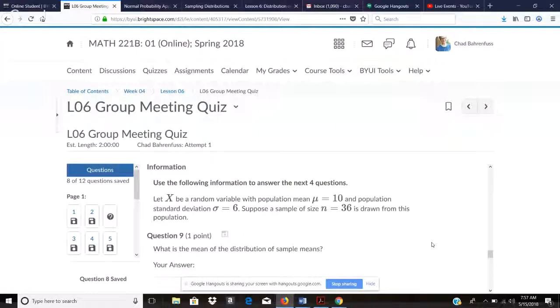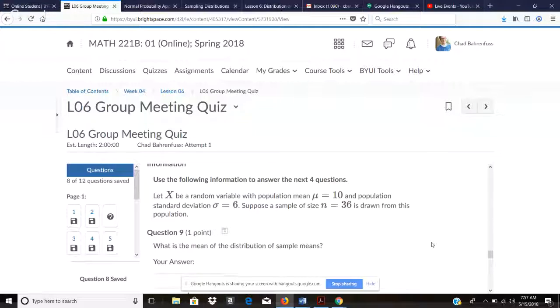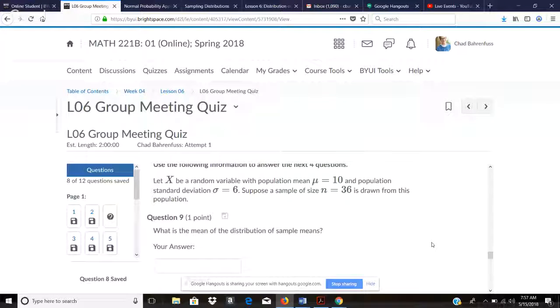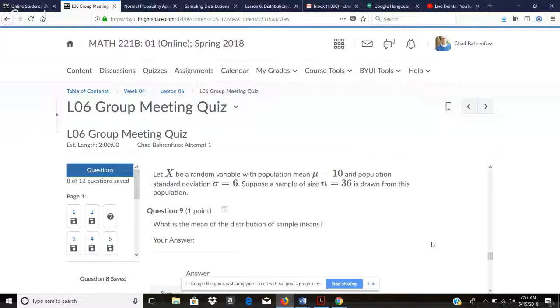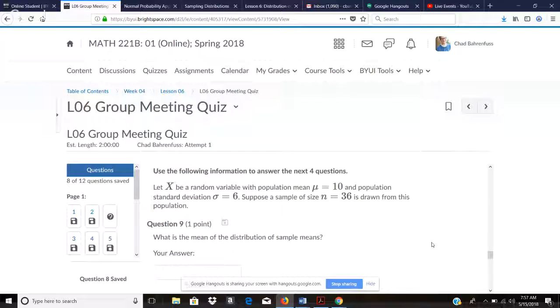Use the following information. Let x be a random variable with population mean equal to 10 and population standard deviation 6. A sample size of 36 is drawn from the population. What is the mean of the distribution of sample means? This is really easy.